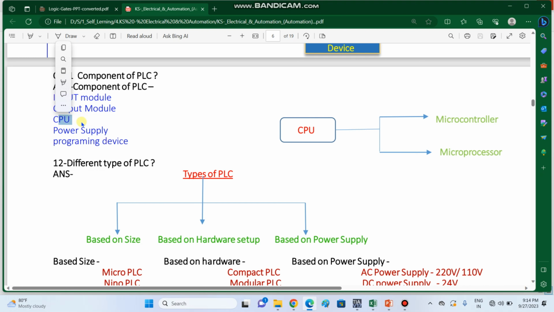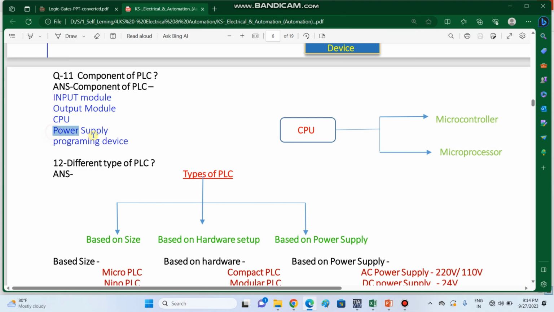And the power supply is the PS. Power supply means AC power supply or DC power supply. And the programming device: obviously, without a programming device we cannot program the PLC.